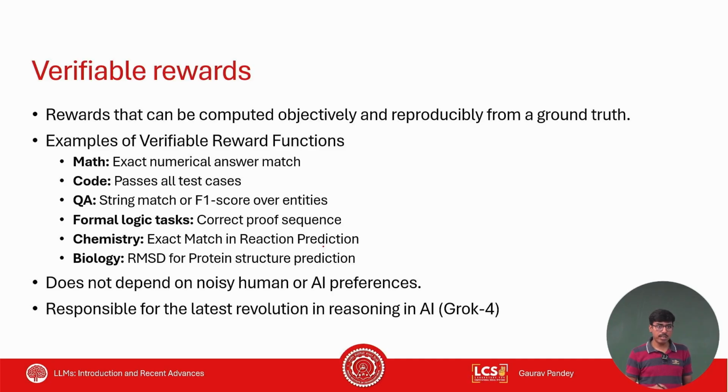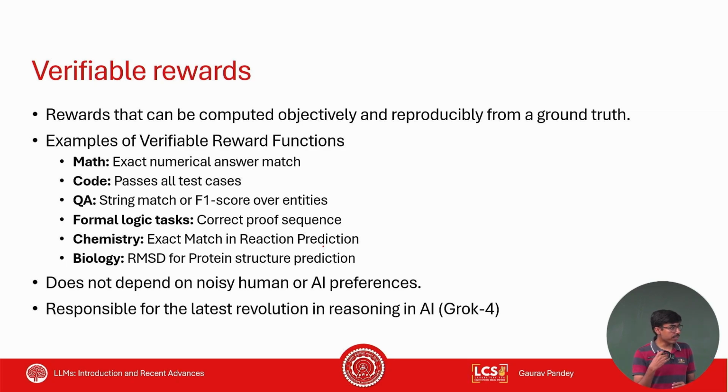Those situations fall under verifiable rewards, and verifiable rewards are the best. If you can find a verifiable reward for your task, that is the best thing you can do. The reason is that whatever reward model you train is going to be biased and noisy, and when you train with those noisy, biased reward models, the model will learn some spurious signal that you don't want.